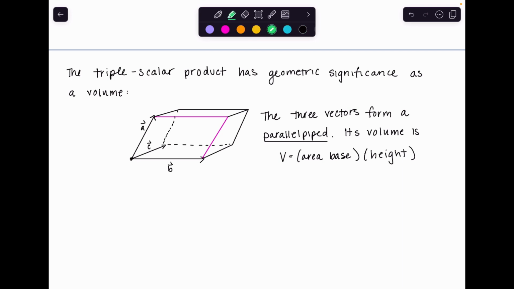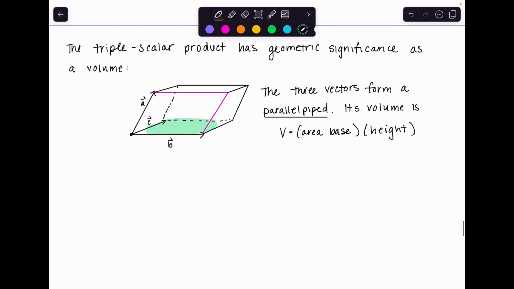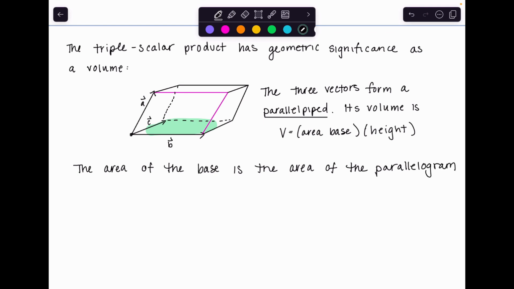So the area of the base in this case is the area of the parallelogram formed by B and C. Which we know the area of the parallelogram is the magnitude of the cross product.